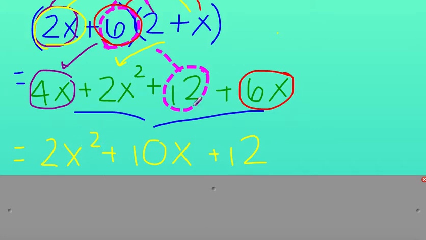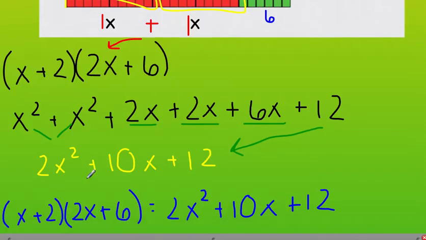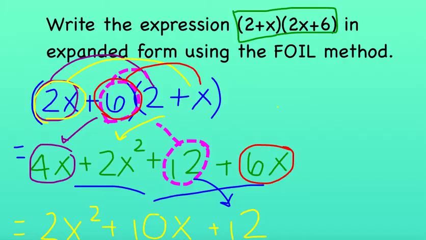And then our constant 12 just is pulled down and tacked on to the bottom. So we have 2x squared plus 10x plus 12, and if you go back and double check with the same problem, we have 2x squared plus 10x plus 12. So I just wanted to bring to your attention that we can solve this problem both ways, and you've seen that in class. I just wanted to double check, so this is almost like our check method.